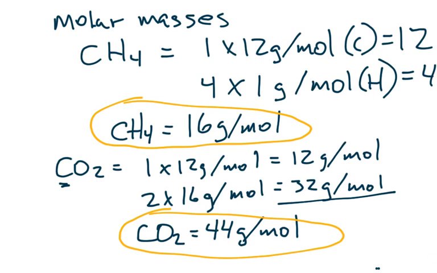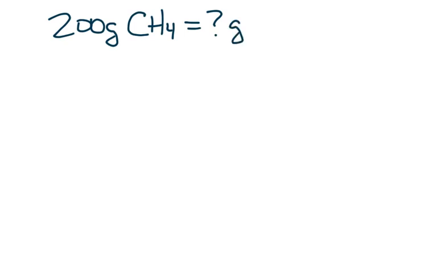Okay? Alright, so again, the problem was 200 grams of CH4 equals how many grams of CO2? Alright, so I'm going to take the known right here and I'm going to put it over 1, just like we did last week in mole to mole conversions.